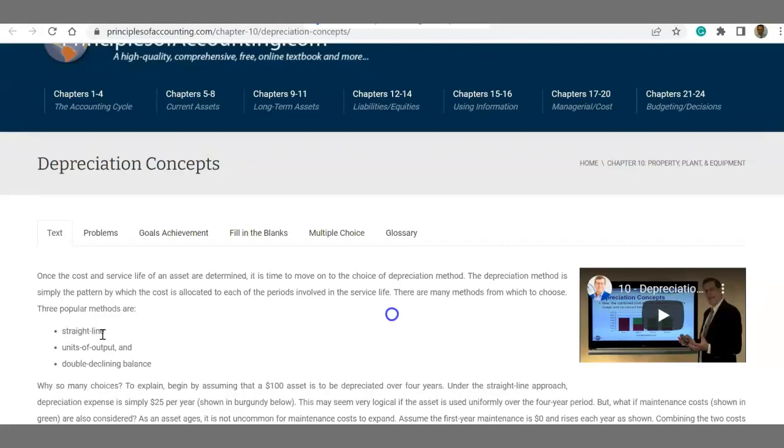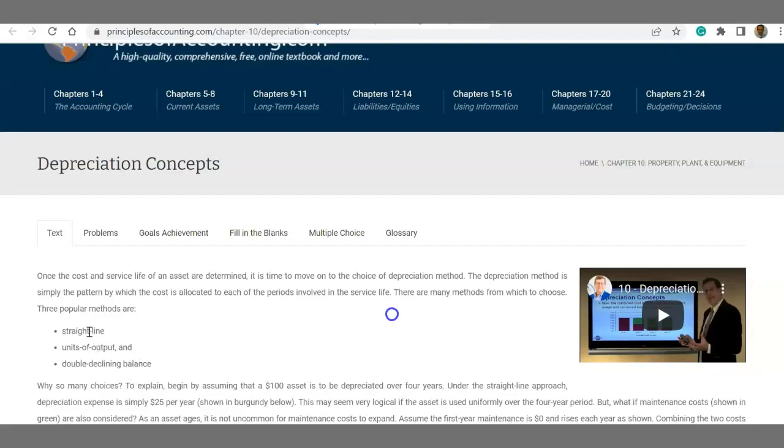Combined will be total cost minus estimated residual value, if any, divided by useful life. And that gives you the annual depreciation based on straight line. However, besides that, you have two other options also, units of output and double declining.